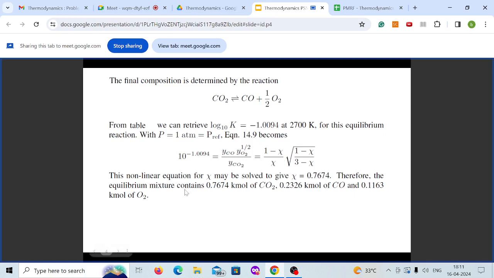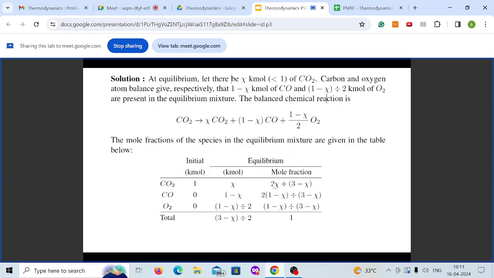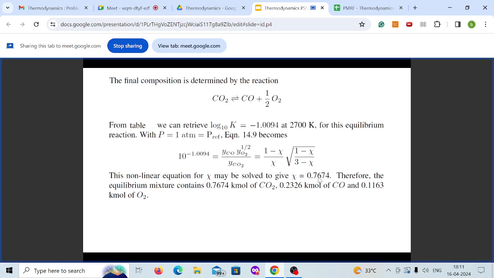So we have found out x now. When you go back and substitute into the mole fraction expression, and also in moles, you can find the individual moles of the components present, and the mole fractions of each. Substituting x equal to 0.7674, it gives 0.7674 kilomoles of CO2, 0.2326 kilomoles of CO, and 0.1163 kilomoles of oxygen.